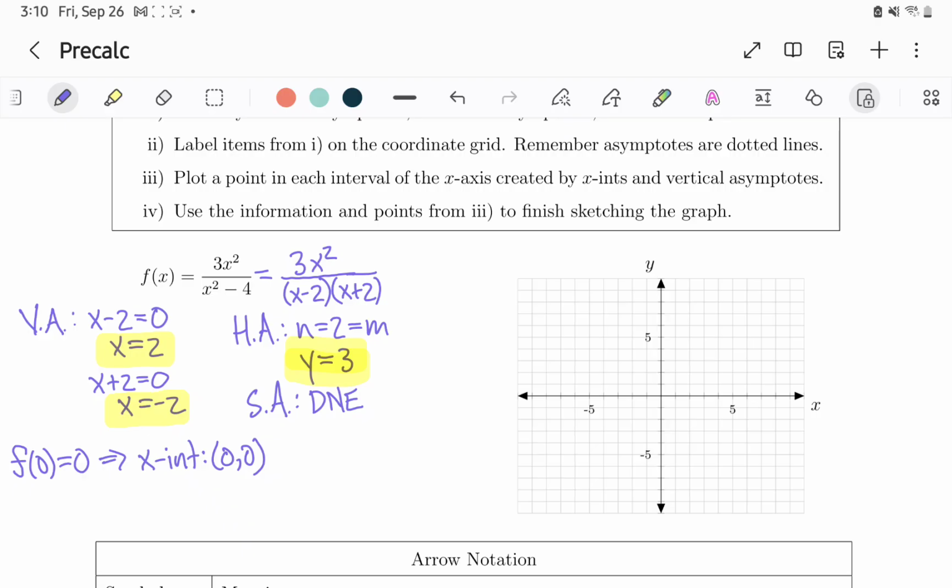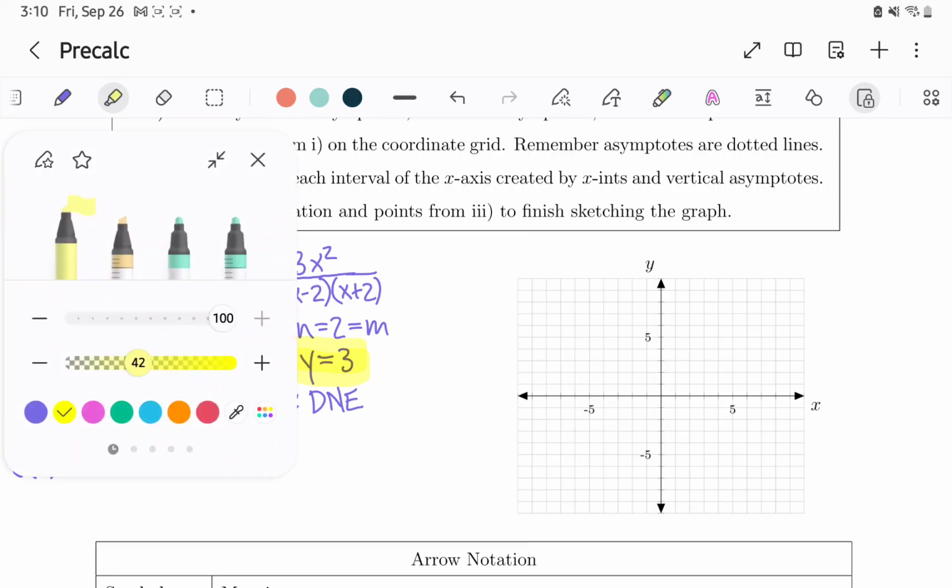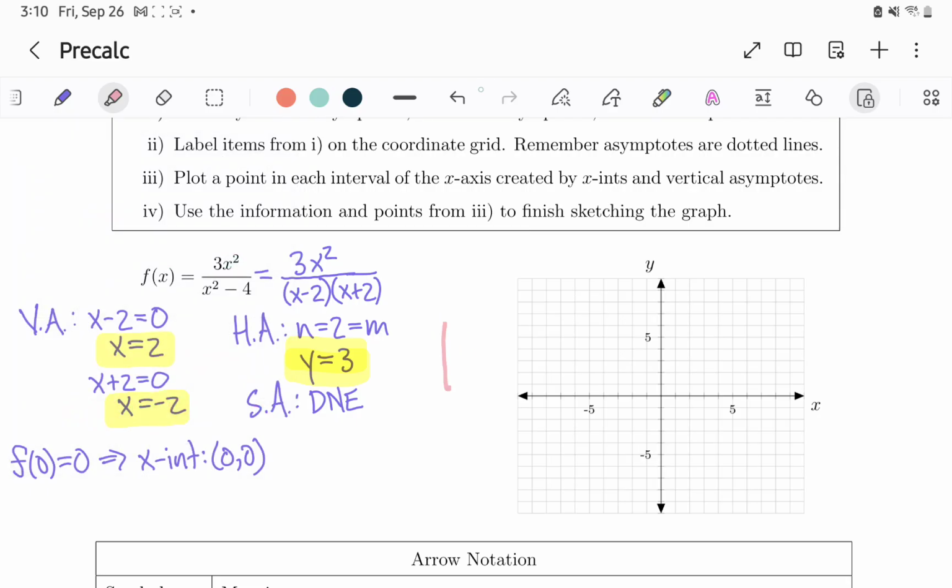So let's go ahead and draw our asymptotes and plot our x-intercept. So I'm going to do the vertical asymptotes, I guess, in red. See how thick this looks. Okay, it's a good thickness. Okay, so we have vertical asymptotes at x equals -2 and x equals 2.